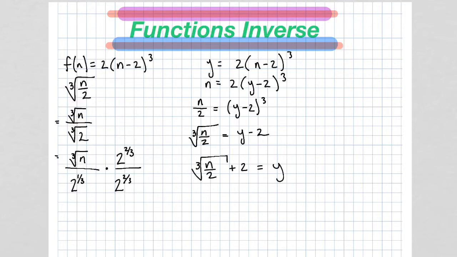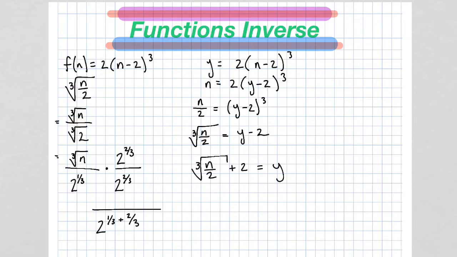So the denominator is 2 to the 1/3 plus 2/3. Remember your rules for exponents. When they're being multiplied together and you have the same base, the exponents are added. This goes back to your exponent rules.